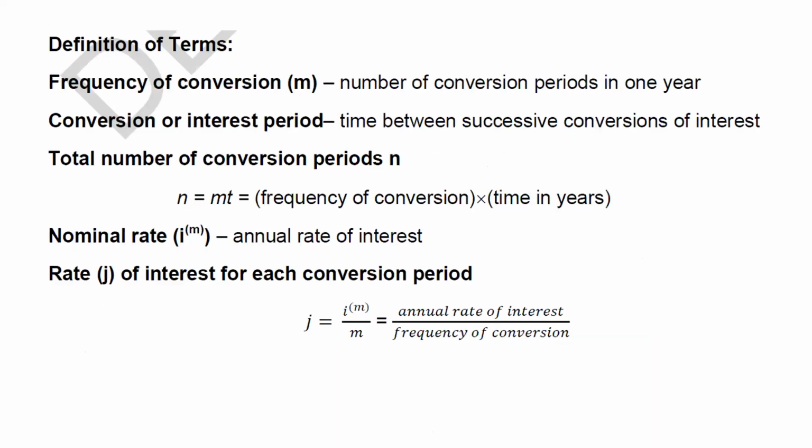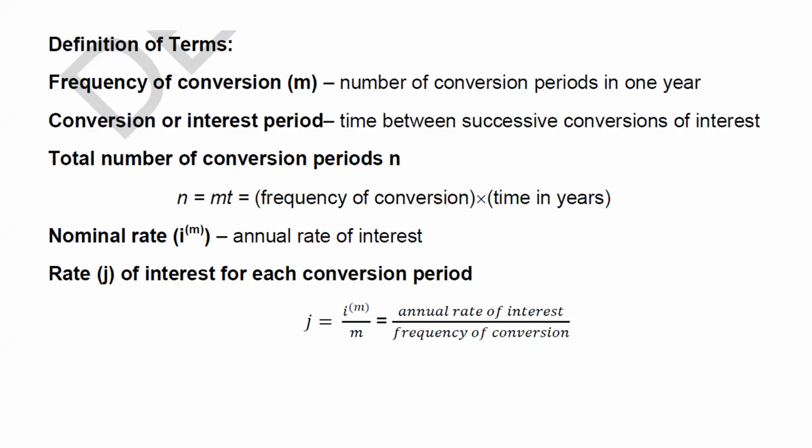The frequency of conversion, meaning how many times it earns interest in 1 year. My example is semi-annual. When we say semi-annual, 2 times in 1 year. So in that example, your m is 2, since every 6 months, so 2 times it earns interest within 12 months.